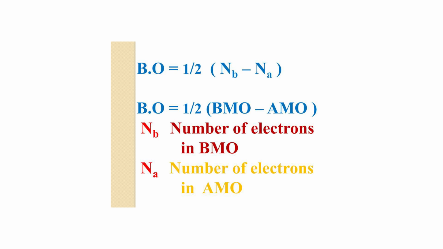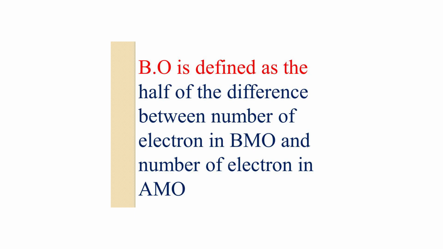That is, bond order is equal to half into BMO minus AMO, where BMO is the number of electrons in bonding molecular orbital and AMO is the number of electrons in anti-bonding molecular orbital. Then students, can you define the term bond order? Yes, bond order is defined as half the difference between the number of electrons in bonding molecular orbital and number of electrons in anti-bonding molecular orbital.